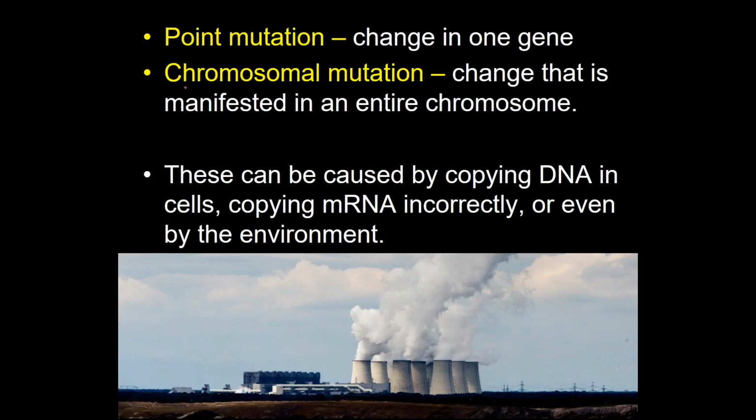With a point mutation, this is a change in one gene. So we are only changing one gene with that mutation. With a chromosomal mutation, we are changing an entire chromosome. Those are different things like Down syndrome or more severe mutations that we can have.